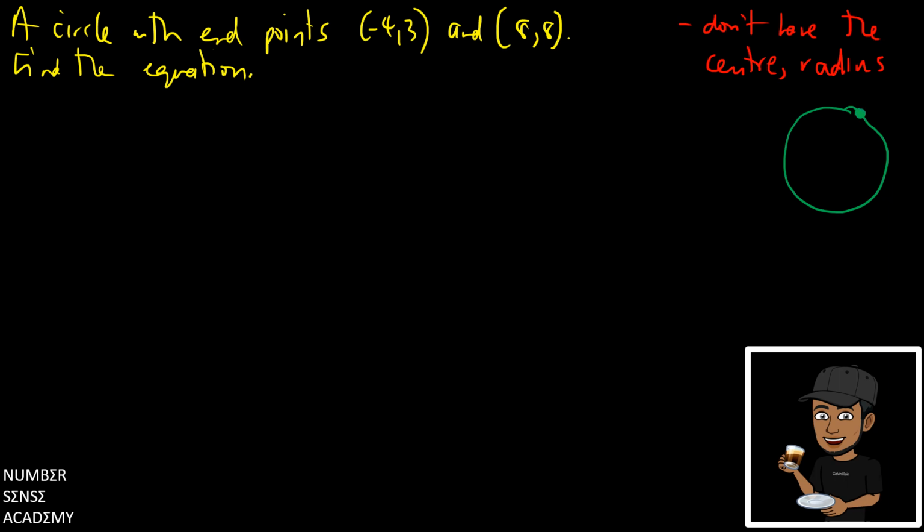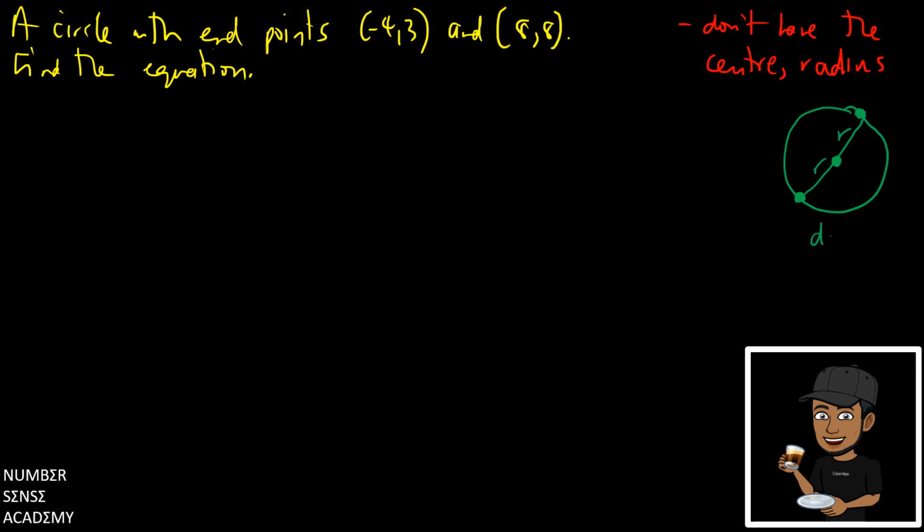So what we can do is, if these happen to lie across from each other, then we could find the diameter, right? The diameter is the distance across. Not only that, half of the diameter is the radius.